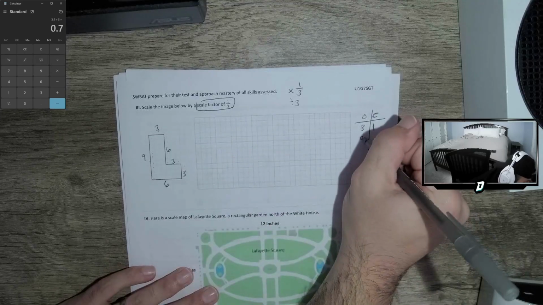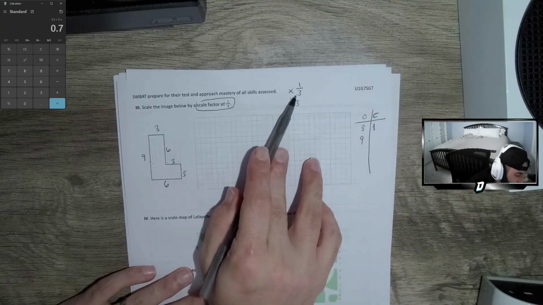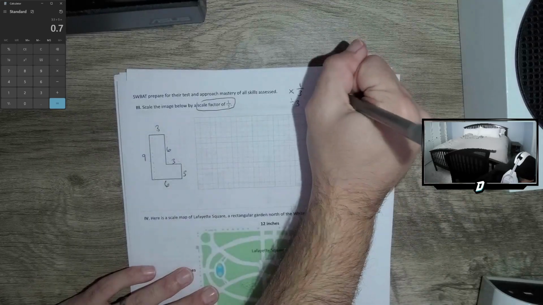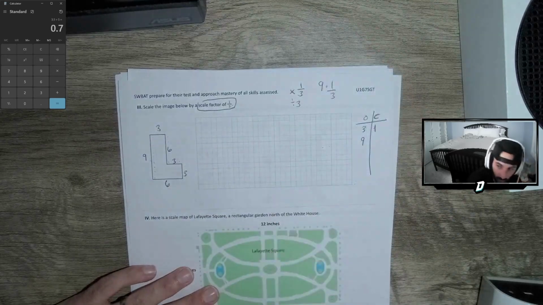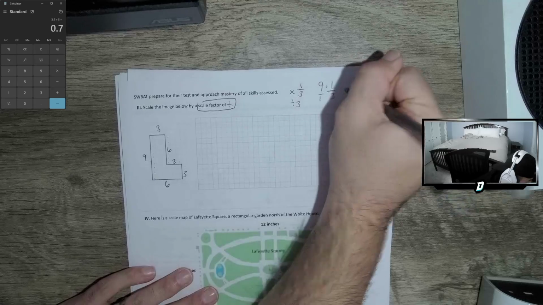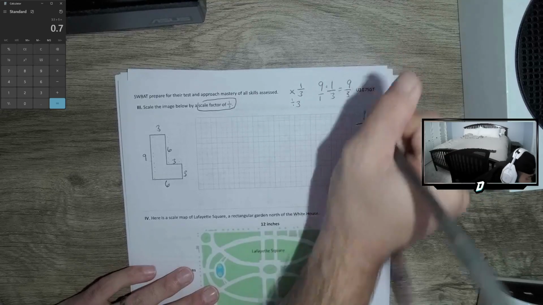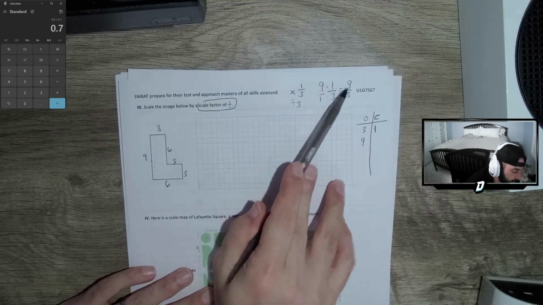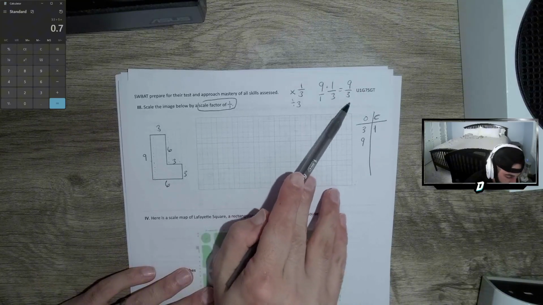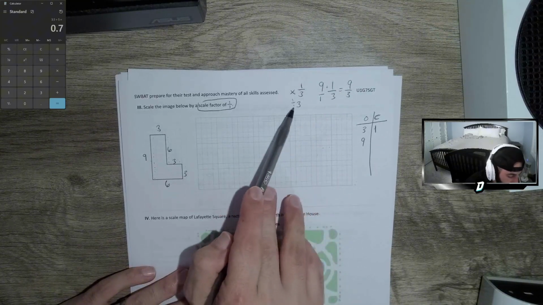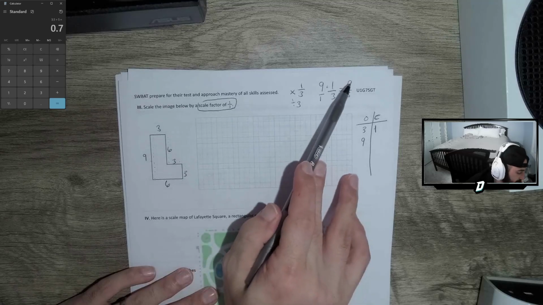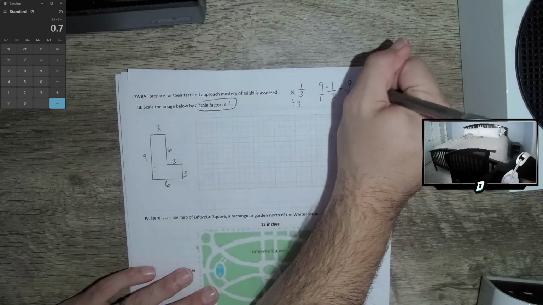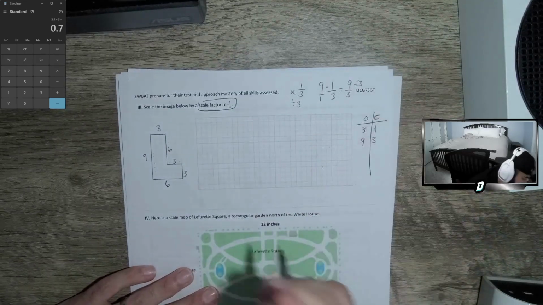Here I have 9. If I do 9 times 1/3, that would be 9 over 1 times 1 over 3, which is 9 over 3. 9 times 1 is 9, 1 times 3 is 3. And this is why multiplying by 1/3 is the same as dividing by 3, because this is 9 divided by 3, which is just 3.